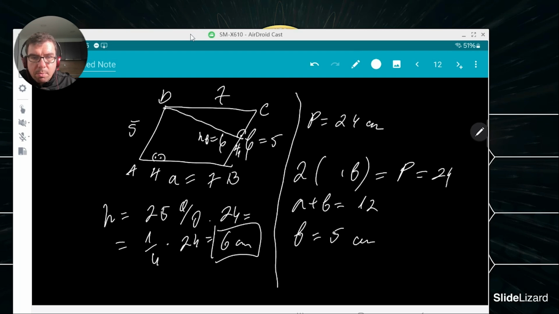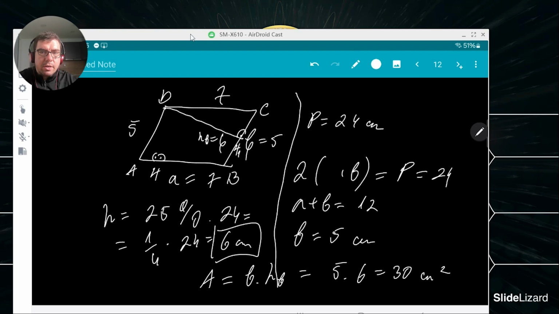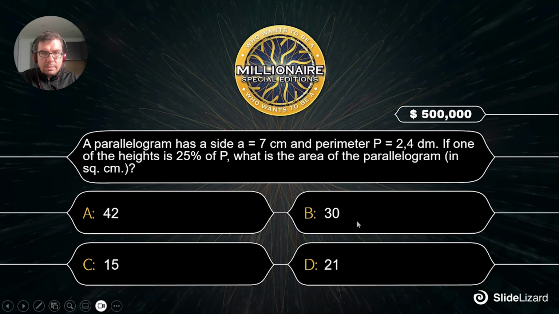So there is no problem here, and therefore I conclude that this is HB, the height towards the side B. This means that the area is going to be B times HB, 5 times 6, 30 centimeters squared, and that's the answer, okay? Let's see if I have this answer. Yes, B.